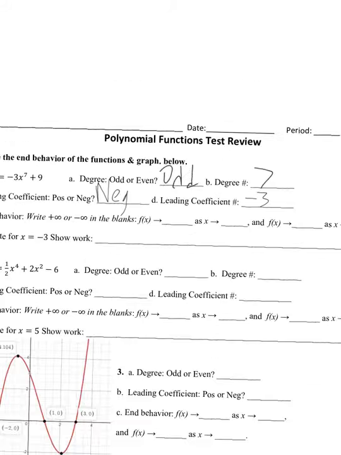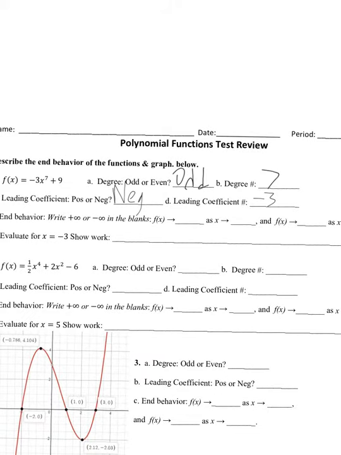Okay, and then the end behavior is just how the graph is moving. So you'll have to recall from the 5.1 notes that positive odd starts down low, ends up high, and then negative odd, which this one is, starts up high and ends down low.